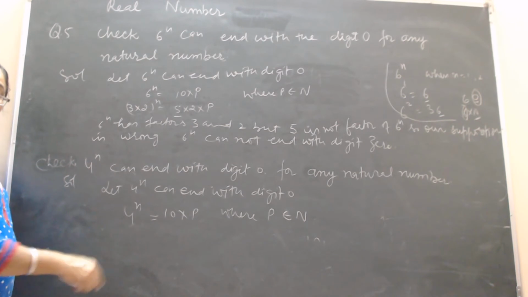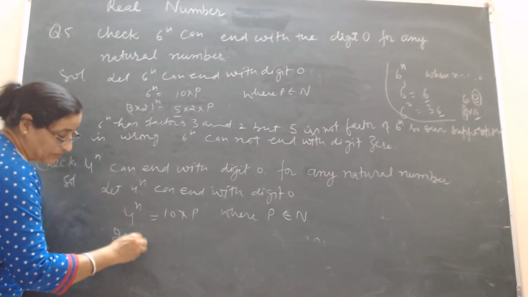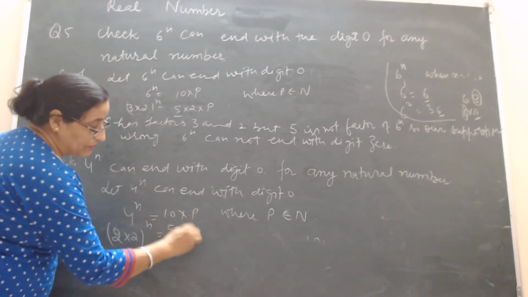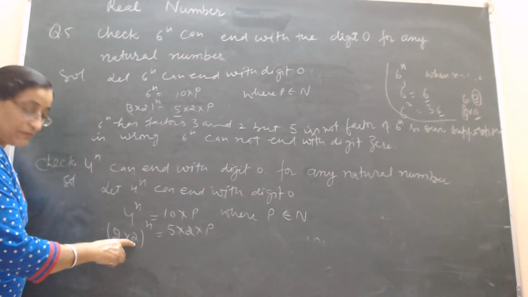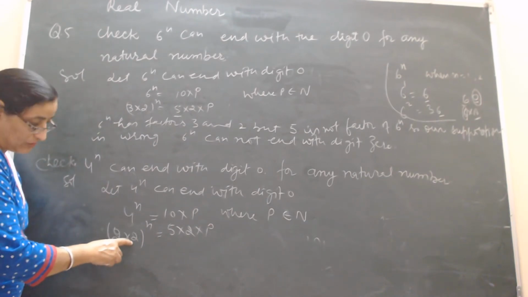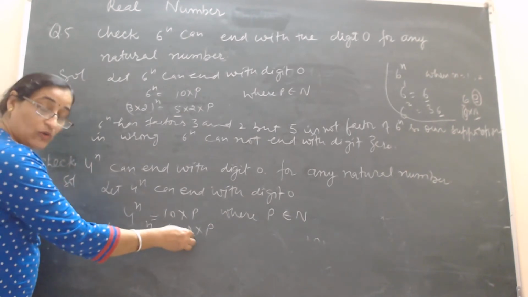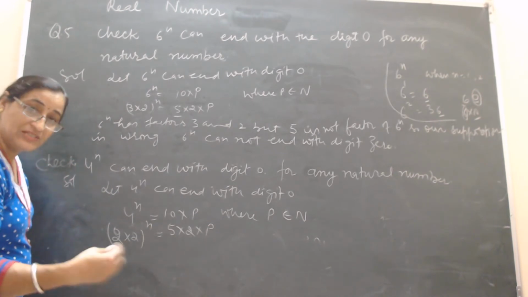Now 4 raised to power n, the factors of 4 are 2 multiplied by 2, raised to power n. The factors of 10 are 5 multiplied by 2, multiplied by p. 2 is a factor of 4, but 5 is not a factor of 4, so our supposition is wrong.